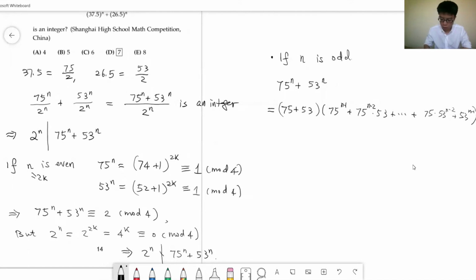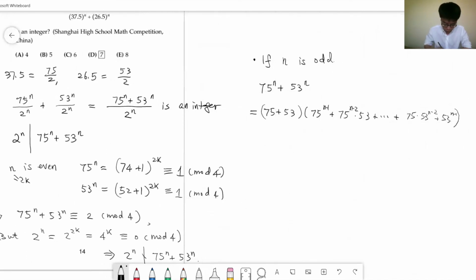Okay, this sum can be factored. And we know that the first parenthesis equals 128, which is 2 to the 7th power.